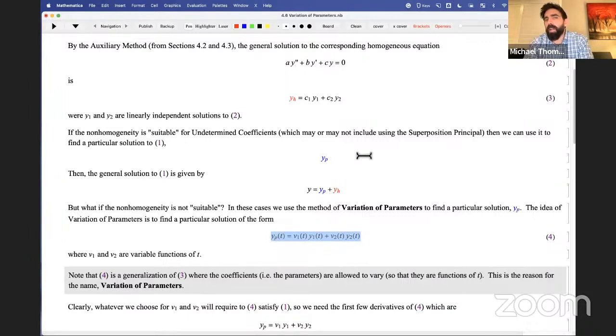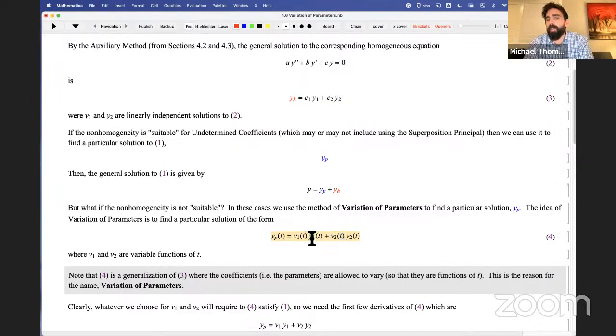I'm kind of picking it out of thin air, although not quite. It's not unreasonable to think that there might be a particular solution of this form. In fact, it kind of looks like the homogeneous solution, right? You can see the difference: instead of the C1 here, we have a variable function V1, and instead of the C2, we have a variable function V2.